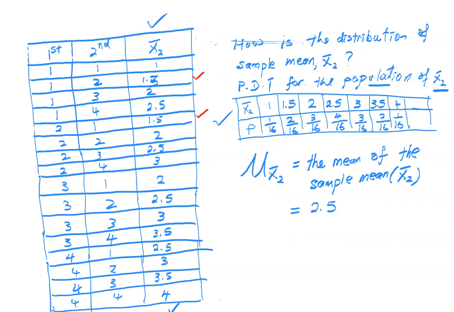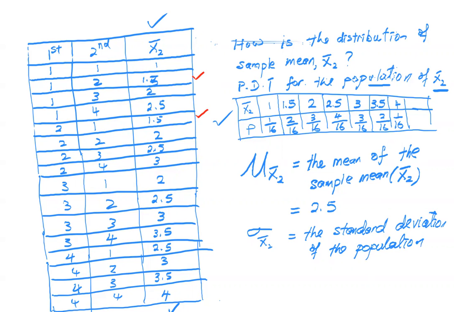Right? So if I write like that, that means I'm talking about the standard deviation of the population. Now I add in the word population of sample mean.